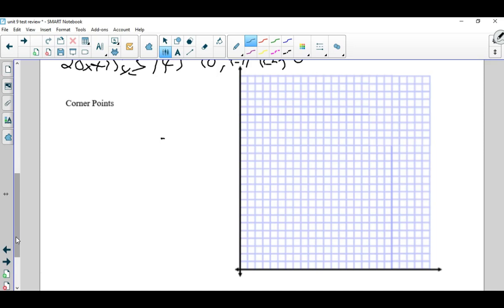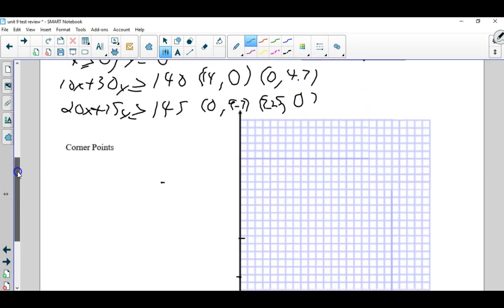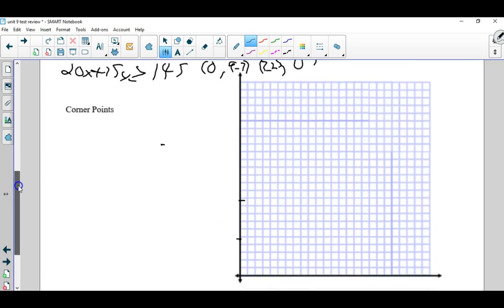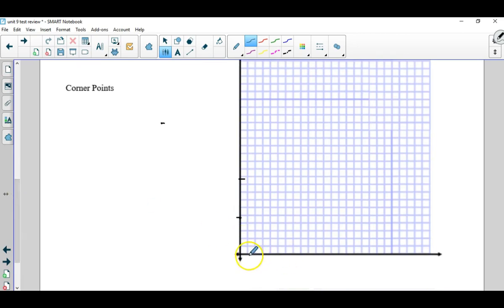So 1, 2, 3, 4.7. Let's say right about there. 5, 6, 7, 8, 9. Let's say 9.7, right about there. And then my other two corner points for x were 14, 0, and 7.25. So 1, 2, 3, 4, 5, 6, 7.25.